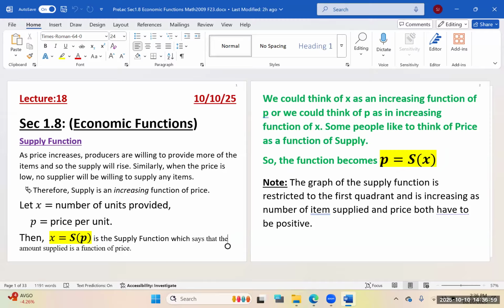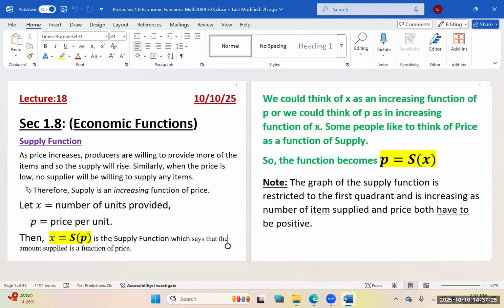So supply is a function in terms of price, or many people like to believe price is a function of supply, okay? So price and supply, they go hand in hand. Some people believe supply is independent. Some people say no, price is independent. So depending on your point of view, you write the function differently.